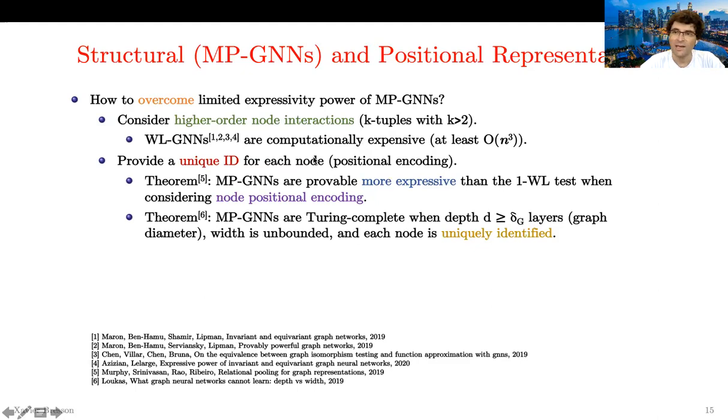An alternative is actually to provide a unique identity for each node, so a unique positional encoding for each node. There have been some theoretical results on that. The theorem from Ribeiro and his collaborators proves that message passing GNNs have more expressivity power if you consider node positional encoding. And also the theorem from Loukas basically says that message passing GNNs are Turing complete if each node is uniquely identified.